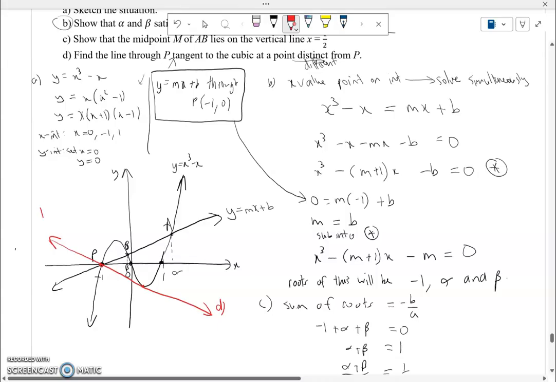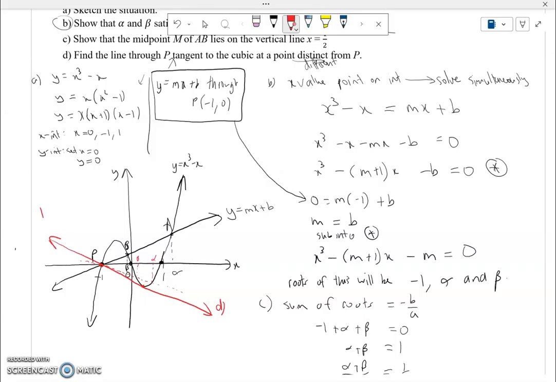Now the key thing to realize is that in order to get this, these 2 points of intersection have to start to come closer and closer together. You can imagine if I go so that I'm close but not quite there, my two roots are getting close.